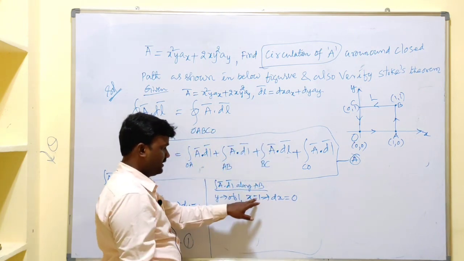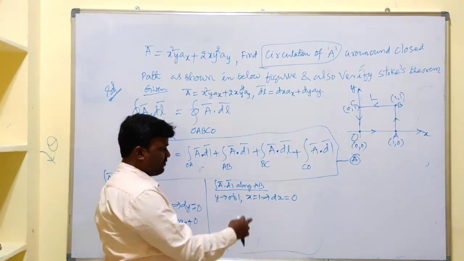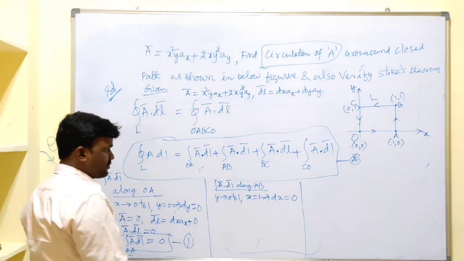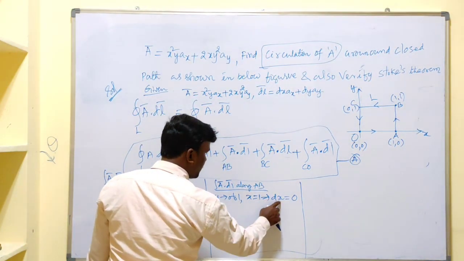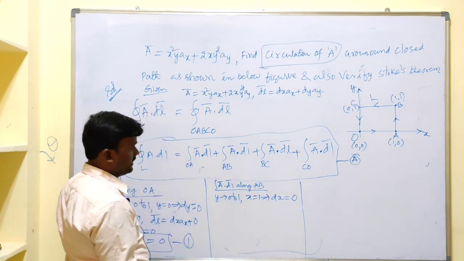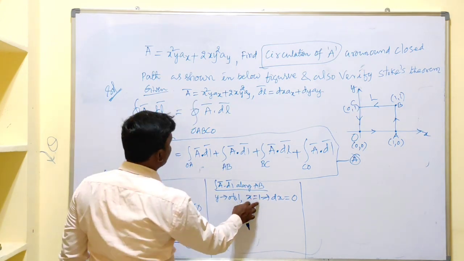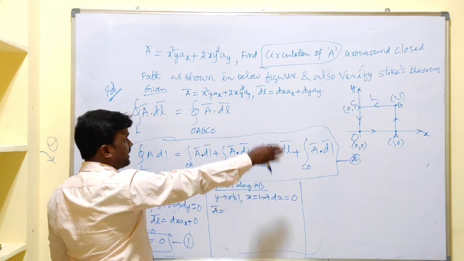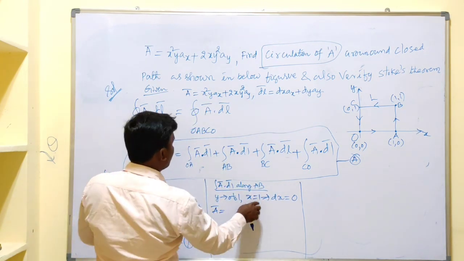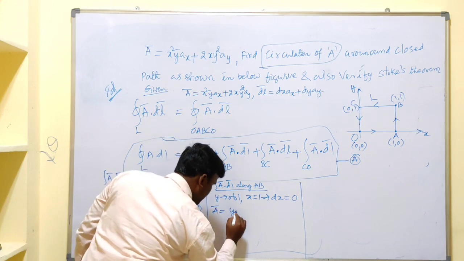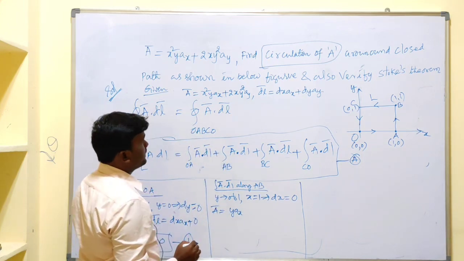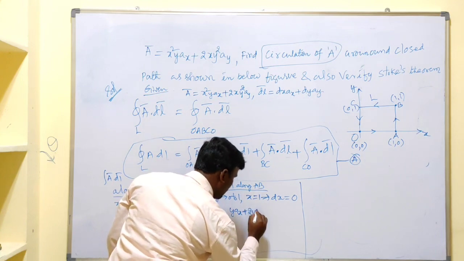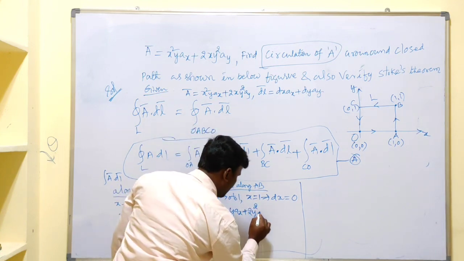The differentiation of a constant is 0. Now substitute x equal to 1 and dx equal to 0 in A bar and dl bar. If x equal to 1, A bar is varied along y axis, means it is a function of y, and 1 square into y gives y into ax. Here 2 into 1 means that is 2y square, 2y square into ay.